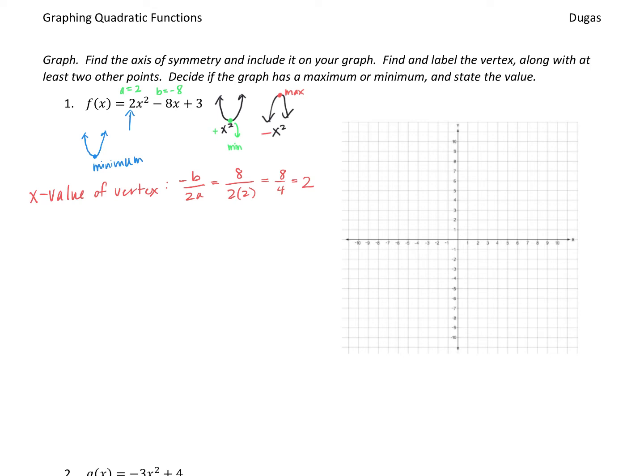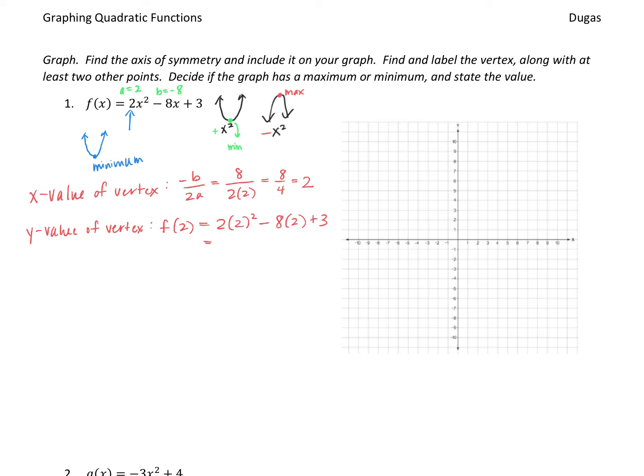Remember that the vertex is an ordered pair, so it has both an x and a y value. So we found the x value. To find the y value, you simply plug the x value into your function. Since x was 2, we're going to find the function value of f at 2. So we're going to plug 2 in everywhere we have an x.